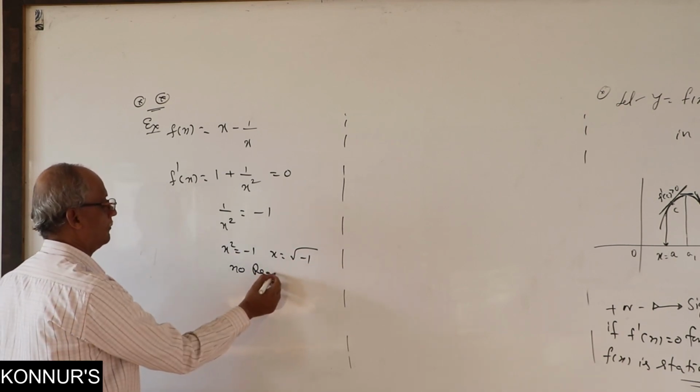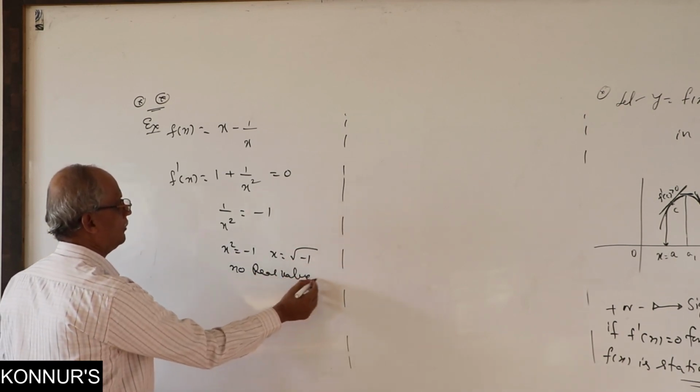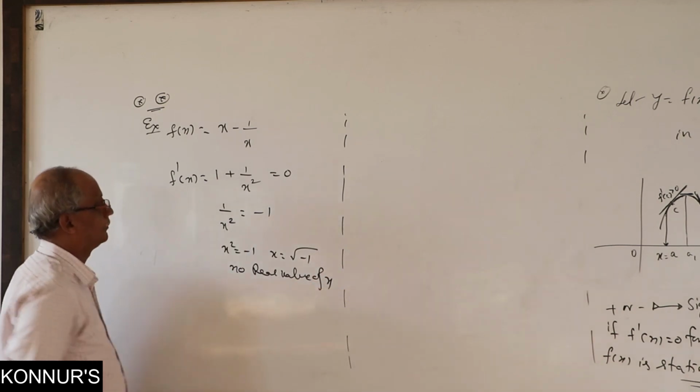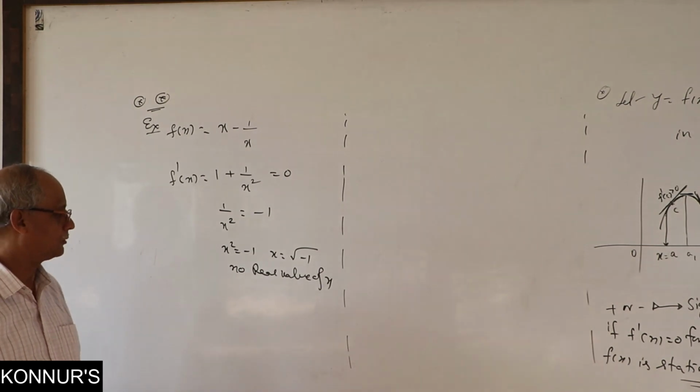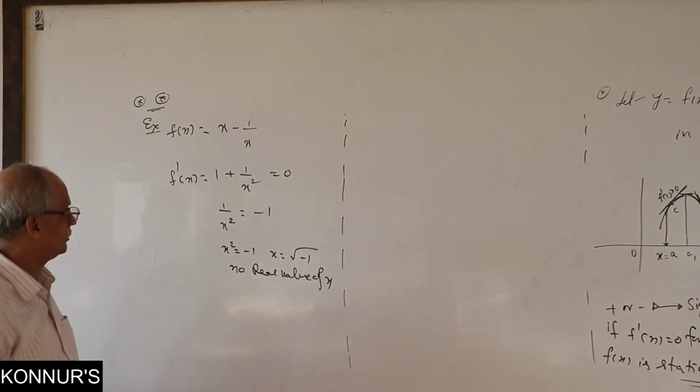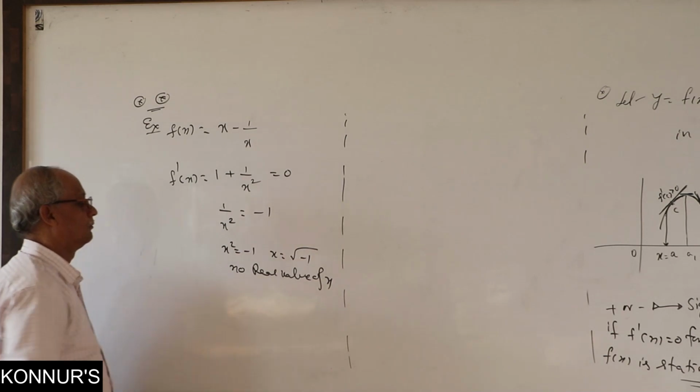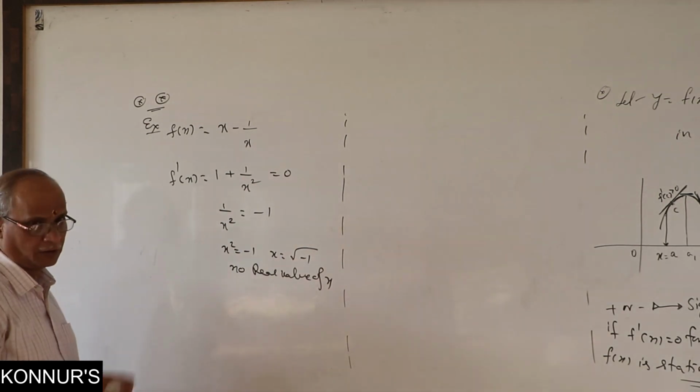No real value of x. Clear? x square plus 1 is not 0. No real roots. So there is no value of x where f dash x is 0. So no stationary point for the given function. So 0. That is the reason.